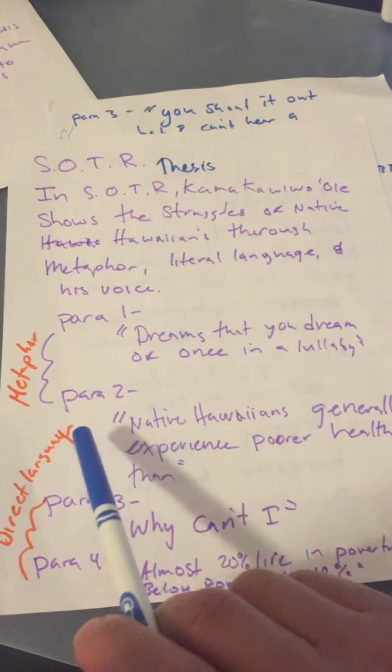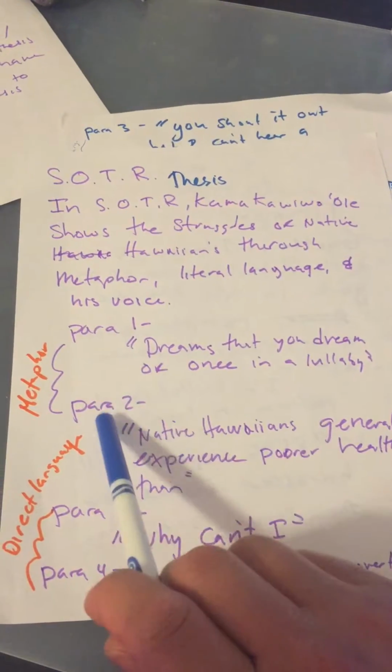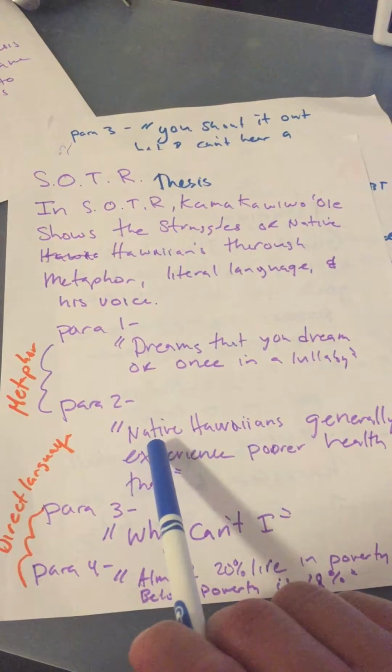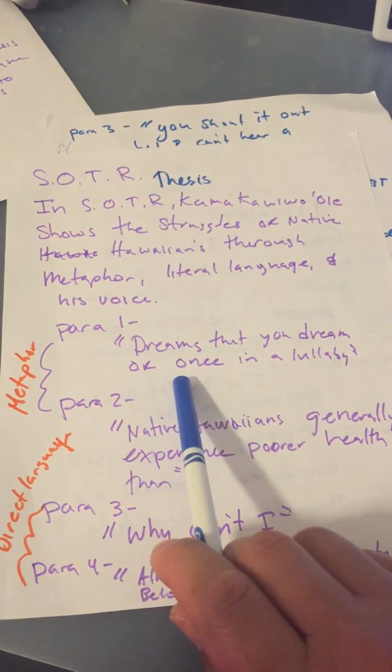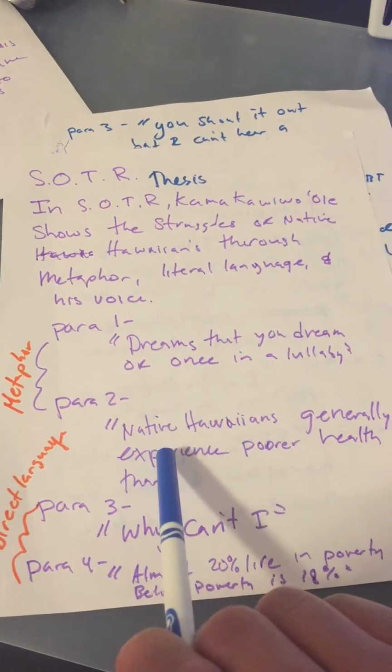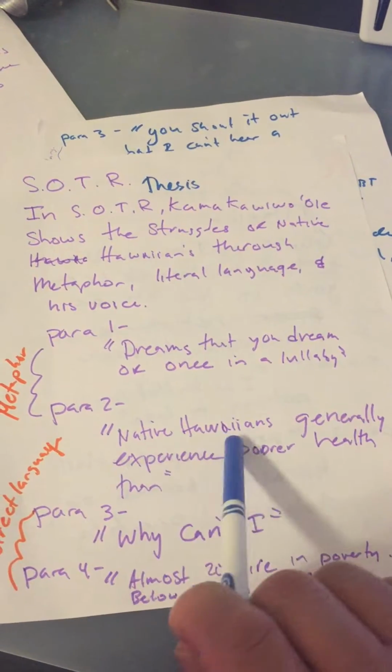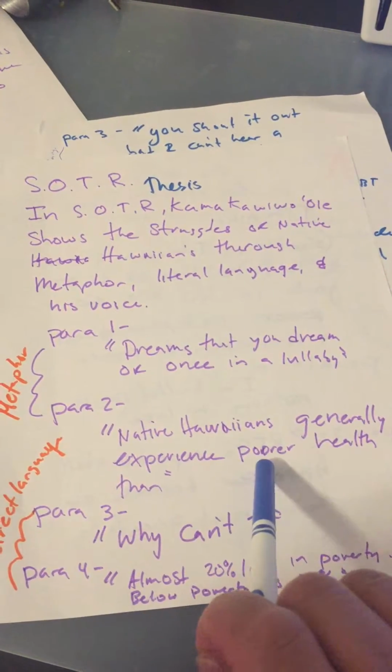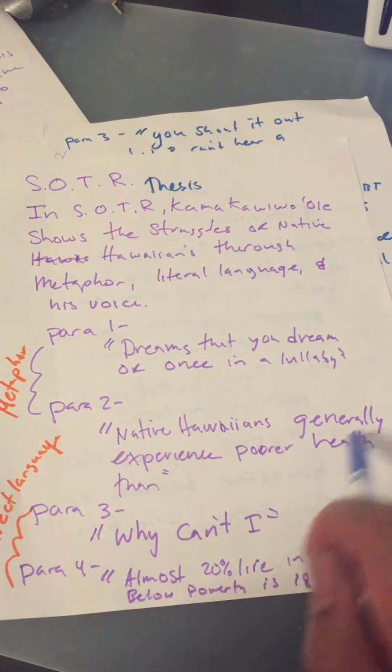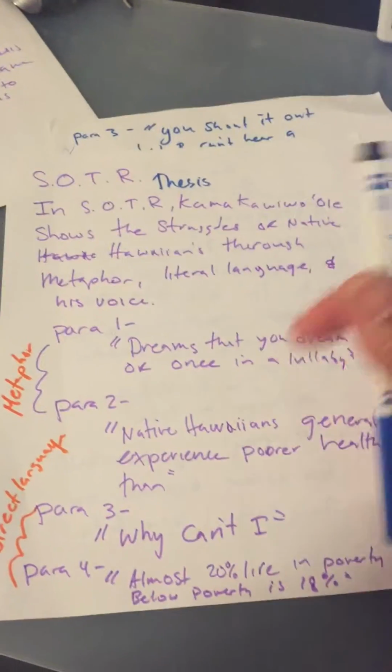It's wonderful. My paragraph 2 would build on this metaphor. I would say that he wants to get to a better time because currently Native Hawaiians generally experience poorer health than most Americans. And I would cite this in APA.